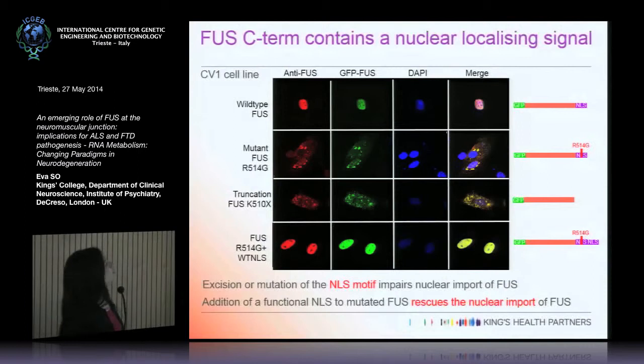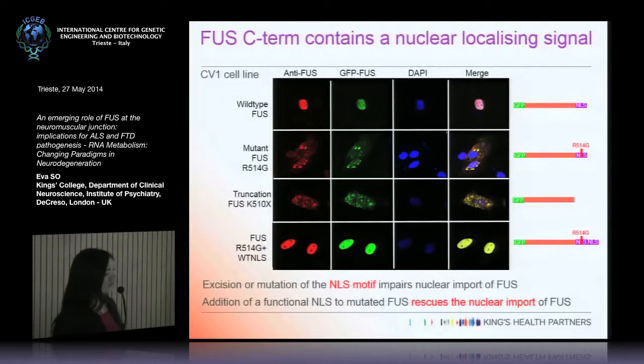Our studies also show that the C-terminal of FUS contains the nuclear localizing signal. So here you can see the transfected CV1 cells. We show that the GFP-tagged wild-type FUS shows nuclear localization, which colocalized with DAPI. And the FUS mutant shows an increased cytoplasmic localization.